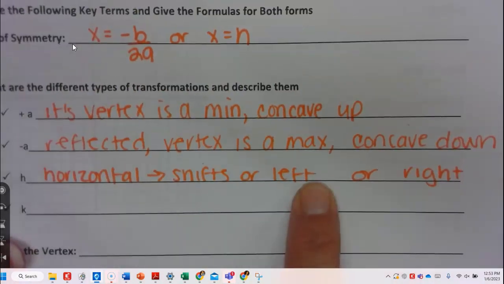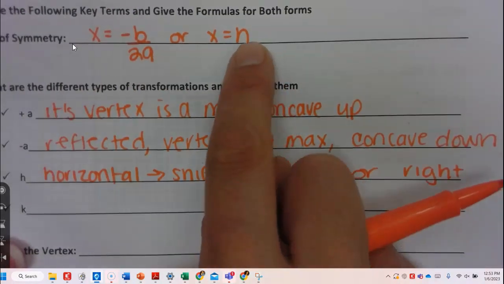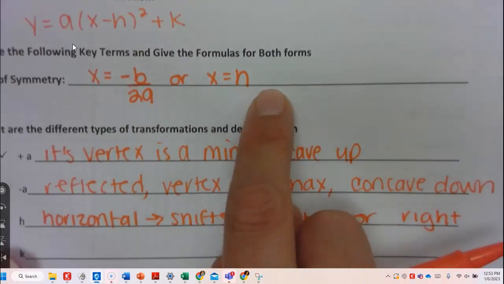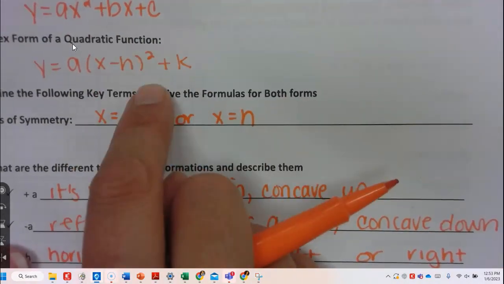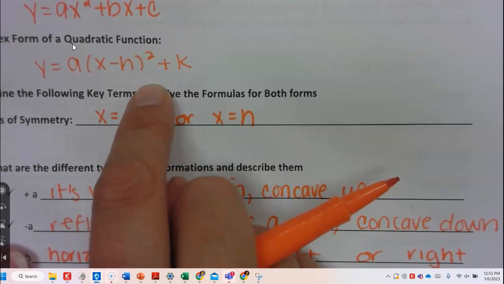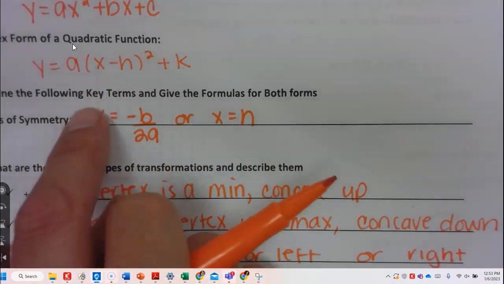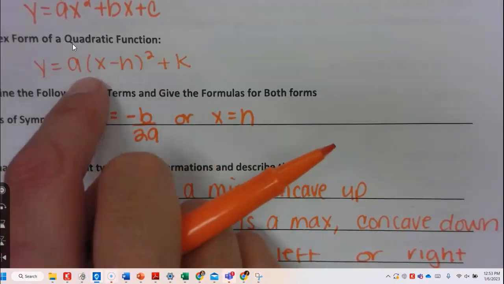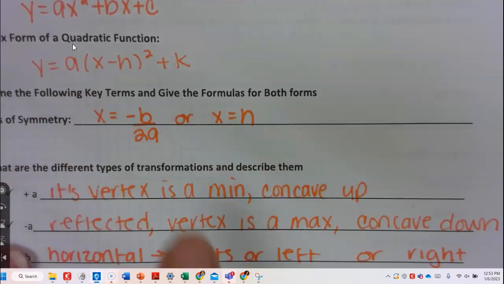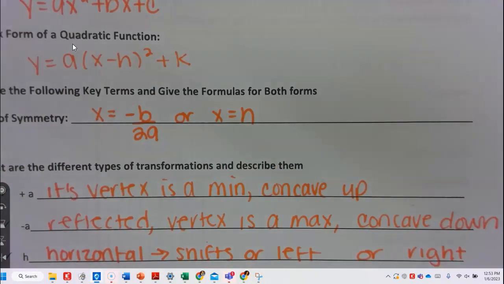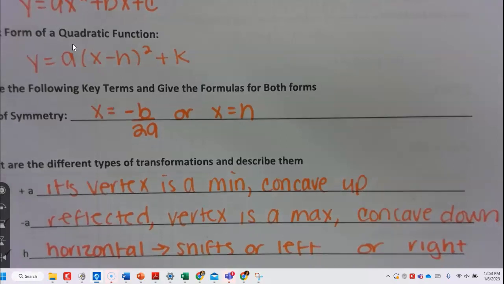So the graph will go left when your h value appears to be positive. It will go right when your h value appears to be negative, but that's because of the nature of the equation, not the actual h value itself.